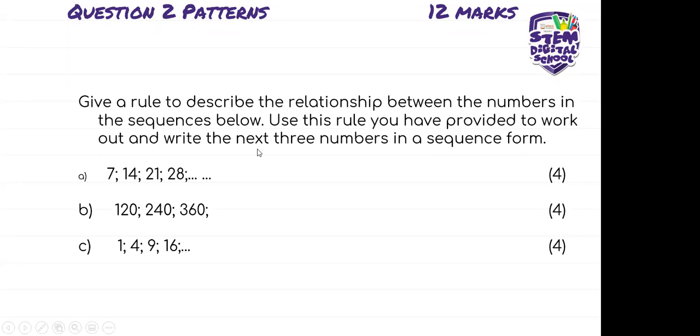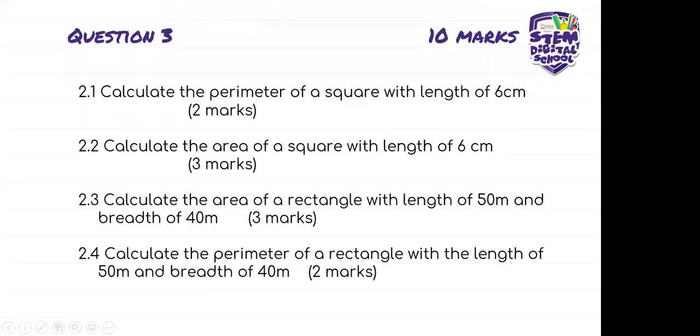And then the next one was question 3, where we had to calculate the perimeter. Can we calculate now the perimeter of a square, where the length of the square is given as 6 centimeters, and thereafter you'll do the area with the same length of 6 centimeters. But for now, I think we must just calculate the perimeter.